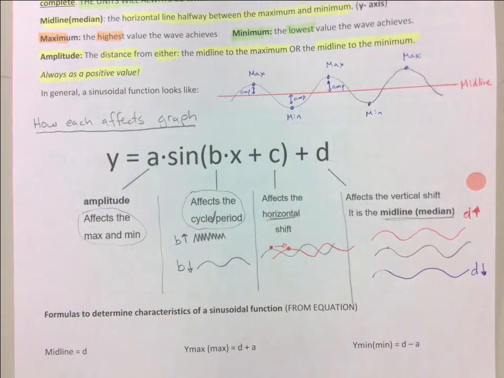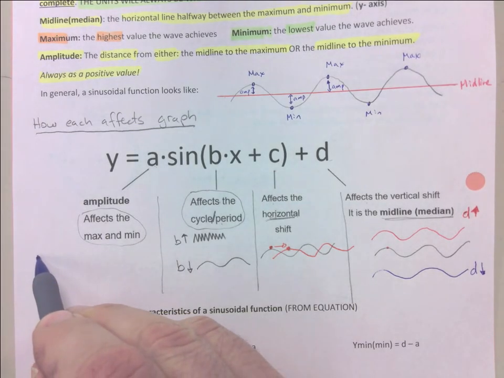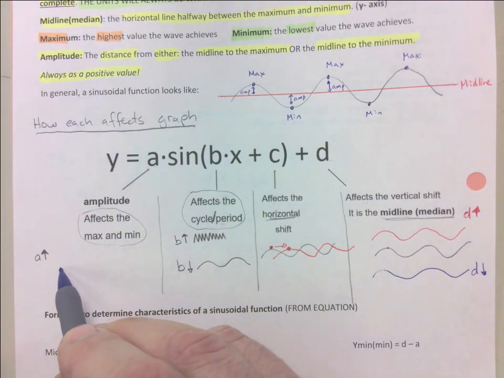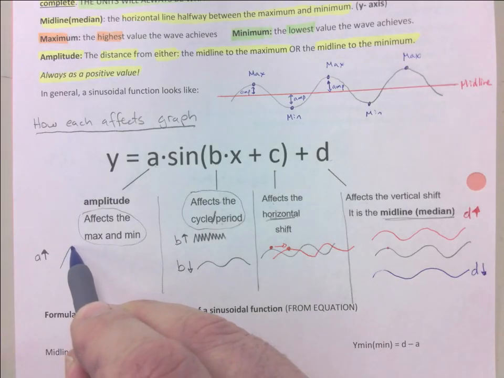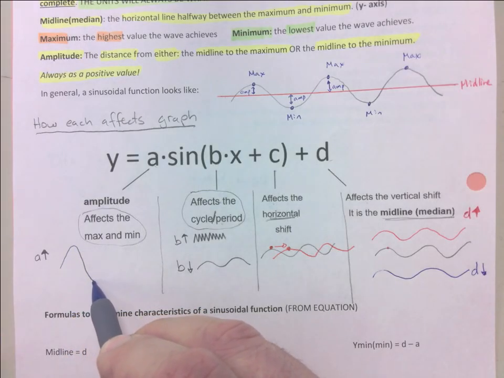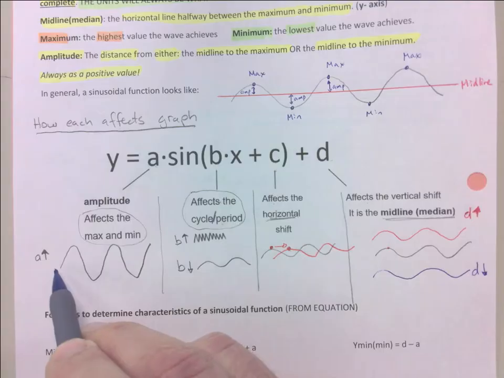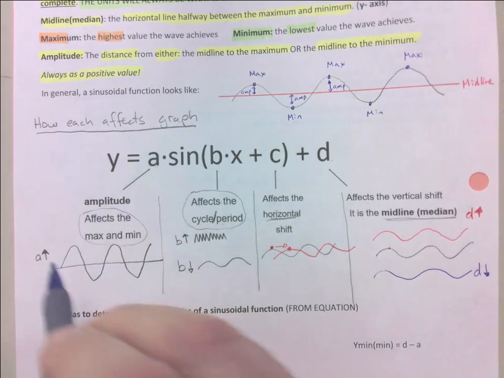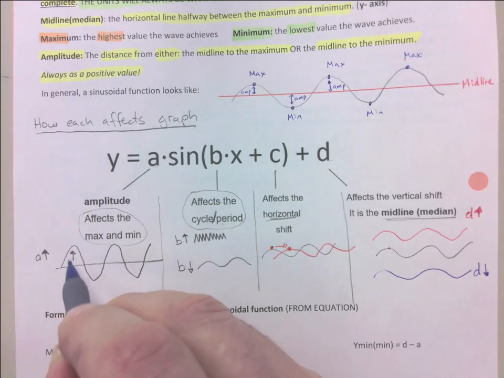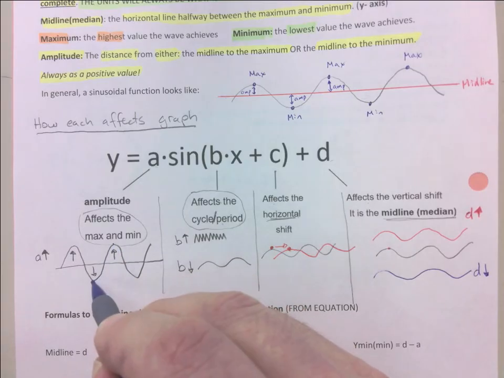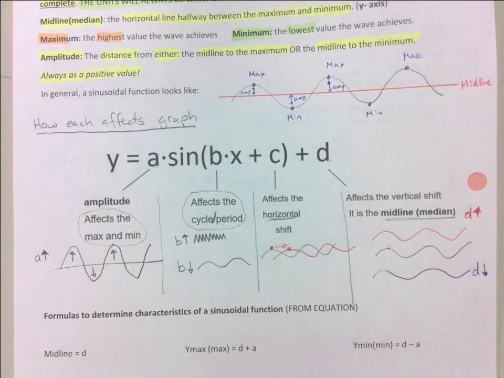And I think I still want to do something with A. I haven't done that before. But I will say this. If A is increased, then your curve will also get higher and lower. Because if you think about it, you're increasing A, you're making the caps be further away from the midline, right?